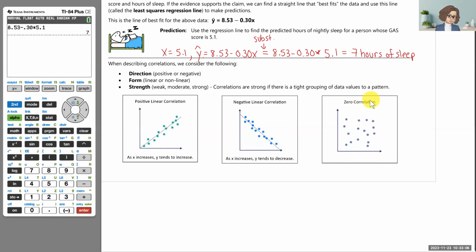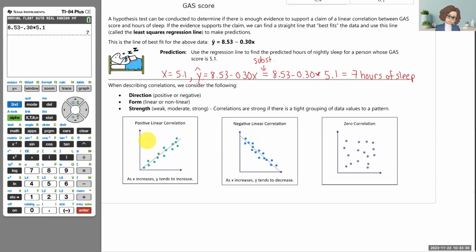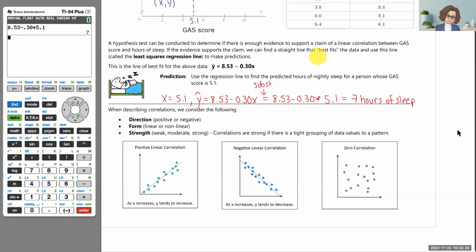So we would have no correlation. So direction, positive or negative, form, we're going to be studying linear. And the strength of a relationship we'll learn how to measure as well. But strength in general just means that we have a strong relationship if our data here is tightly fitting a straight line pattern. And we will investigate that further as well as we go through chapter 10.